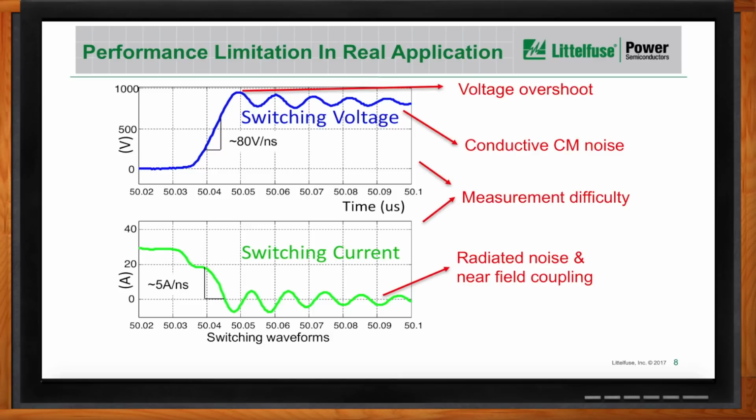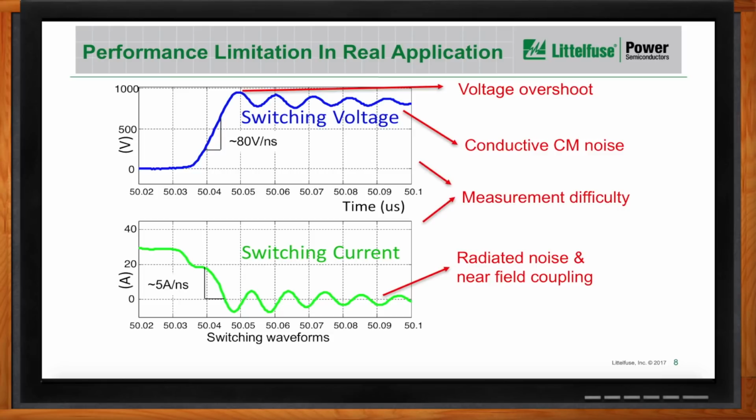More than that, the high dVdt and all this ringing generates conductive common mode noise that propagates errors in your system and messes up the normal operation of your system. Also, this high dIdt and dVdt make it very hard for the measurement and sensing in your control circuit.